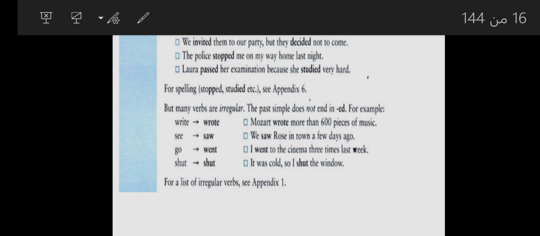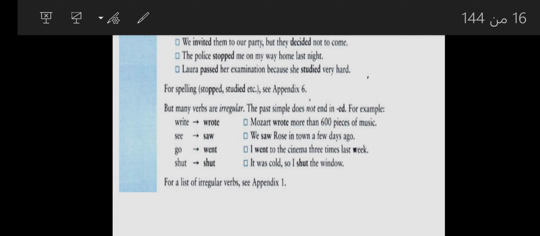The last letter in the verb stop is P. And what comes before the letter P? We have a vowel, O. And the whole word is of one syllable. So to form the past of it, we double the P, we add P, then add ed. So it becomes stopped. Double P, ed. But this is a regular verb as well.